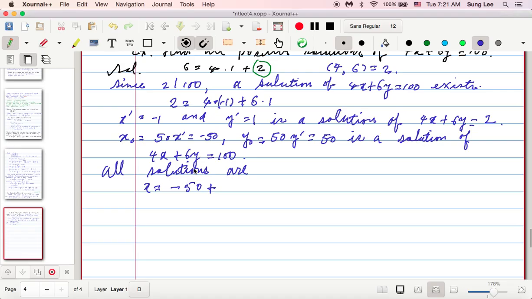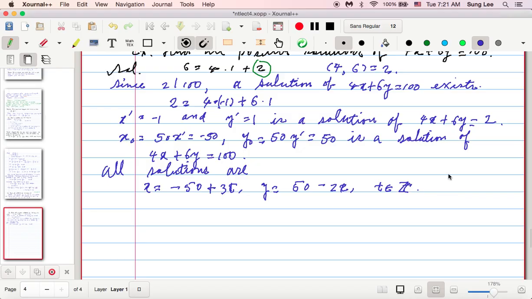So b over d is going to be 3t. And y equals y naught, which is 50, minus a over d, 2t. Here t is an arbitrary integer. These are all the solutions.